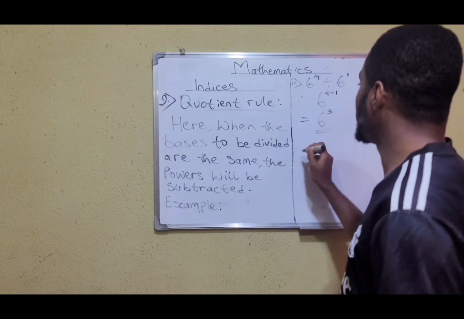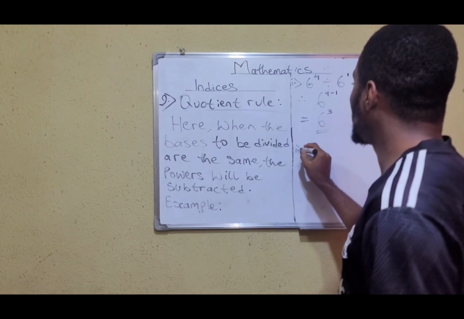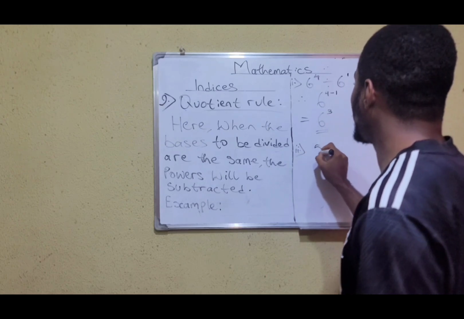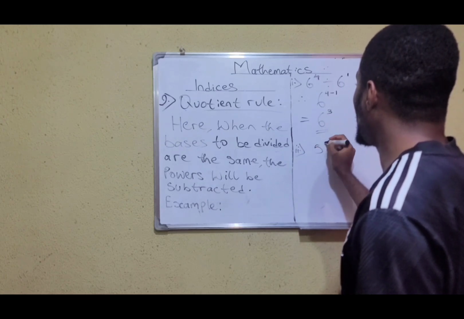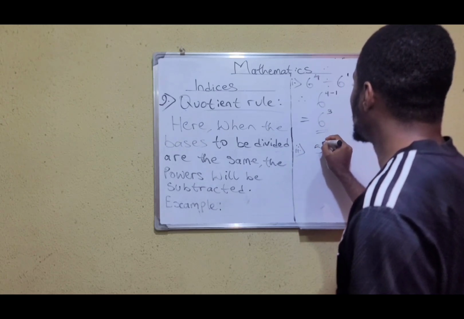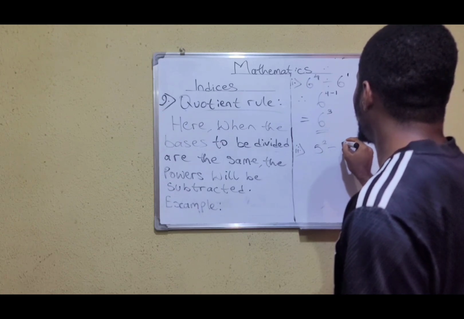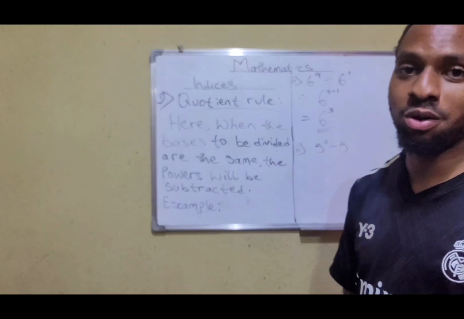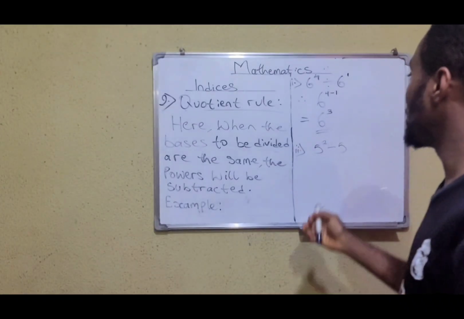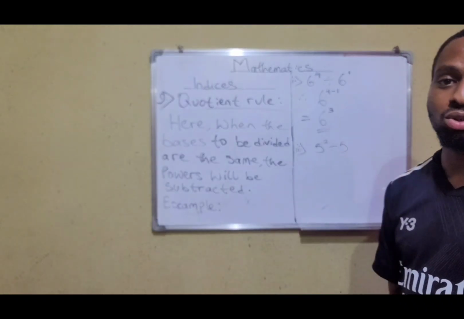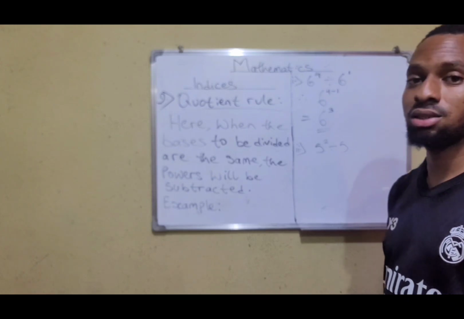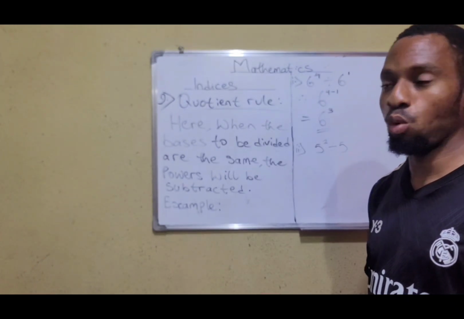Let's assume we have example II, and we have 5 raised to the power of 2 divided by 5. How can we do this? This is very simple. For every number that stands on its own, automatically it is raised to the power of 1.